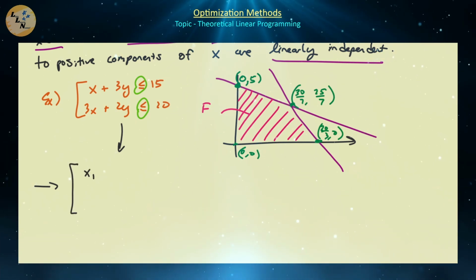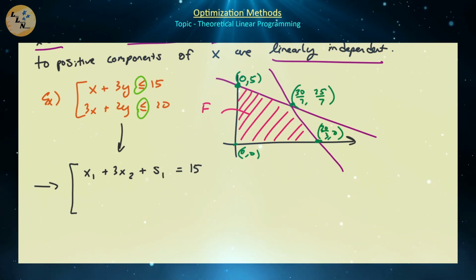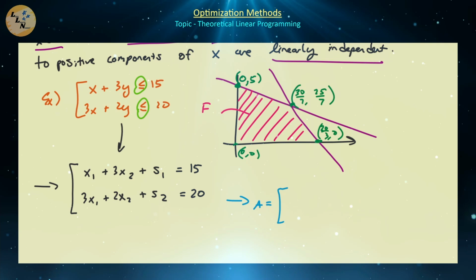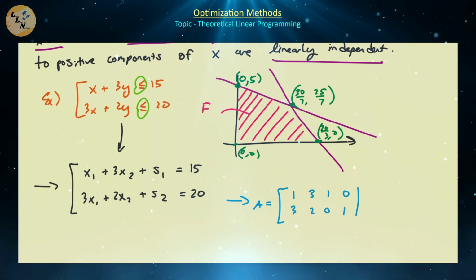So that's going to be x1 + 3x2 + s1 = 15, and 3x1 + 2x2 + s2 = 20, where s2 is the slack variable for equation 2. And therefore we can write this in matrix form, for example in augmented form, A = [1, 3, 1, 0; 3, 2, 0, 1] augmented with 15 and 20.